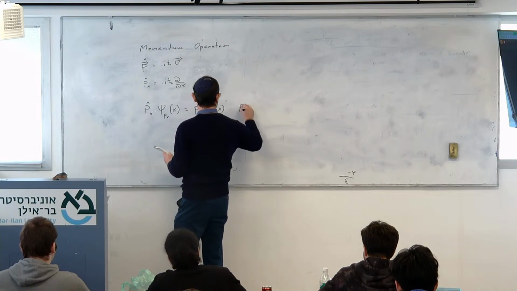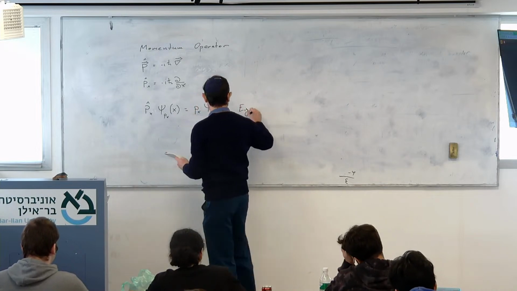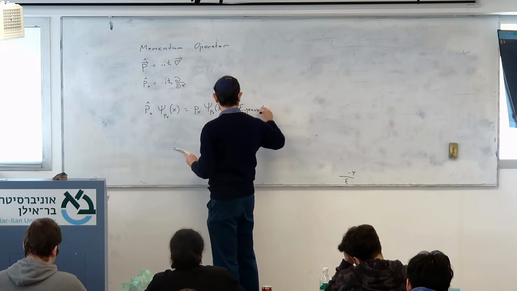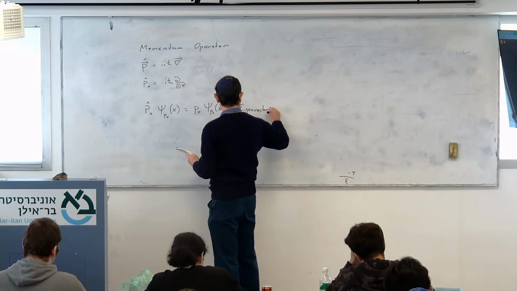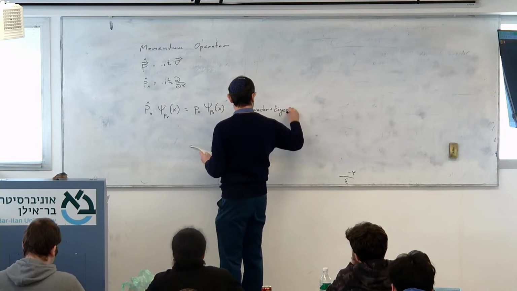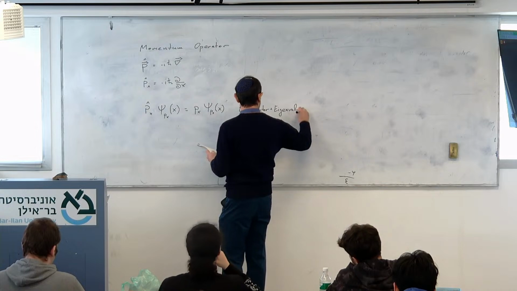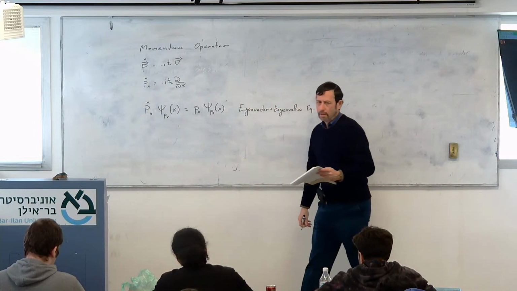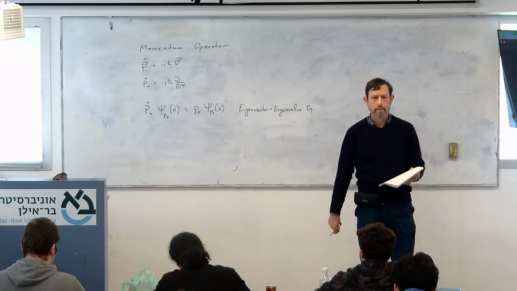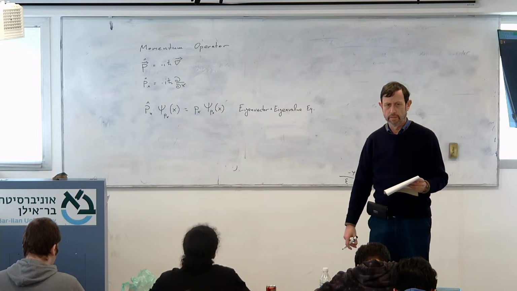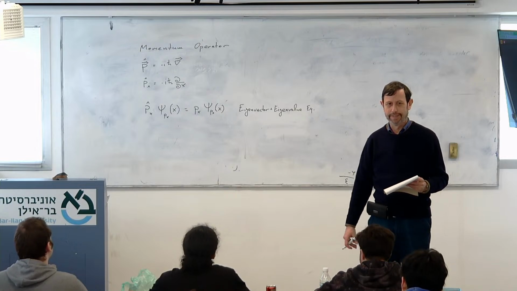Just simply the eigenvector and eigenvalue equation. It's easy to see that it needs to be a complex exponential, right? Because of the derivative.